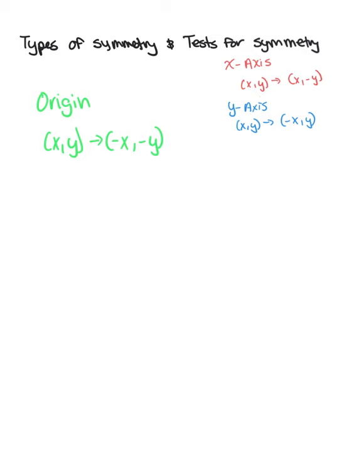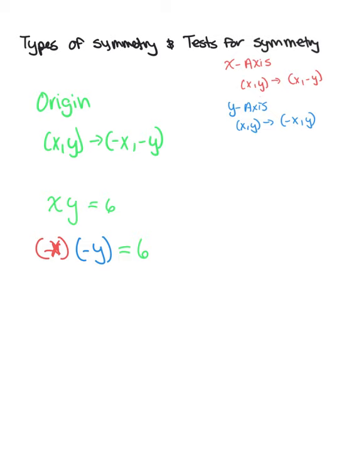So if I have the equation xy is equal to 6, I'm going to plug in a negative x and a negative y because I want to change both of their signs. I want to negate them both. If they were positive, I'd make them both negative. If they're negative, I'd make them both positive. I want to change both their signs. And then I want to simplify.